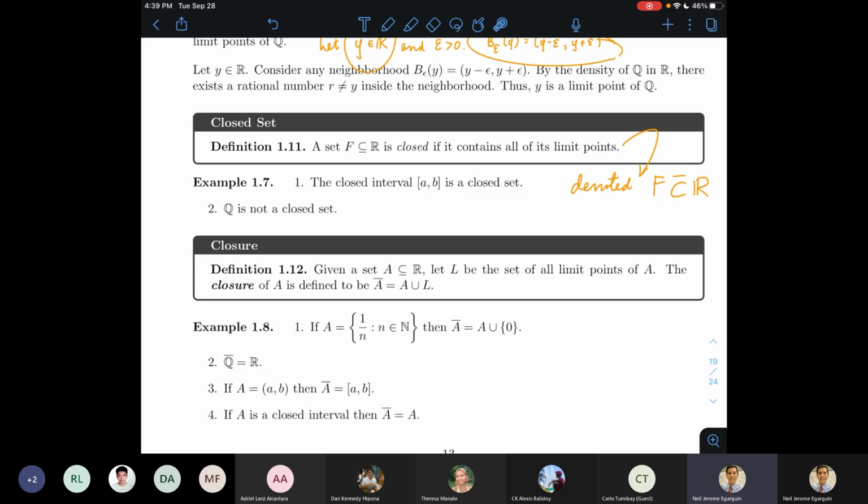And then there is a significance, or there is a nice implication if a set contains all of its limit points. And for that, we will look at that set. Basically, paano nagiging kompleto yung isang set. So we will think of completeness of a set if it contains all of its limit points. Actually, you can think of it as an alternative version of completeness.